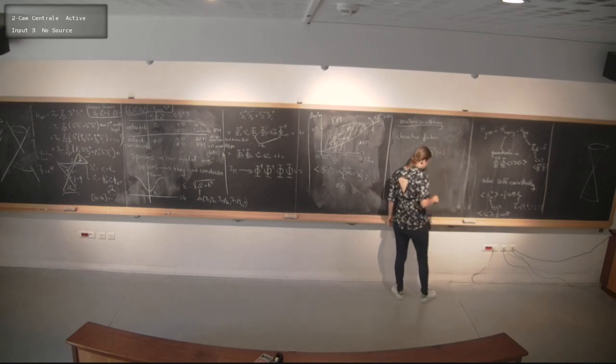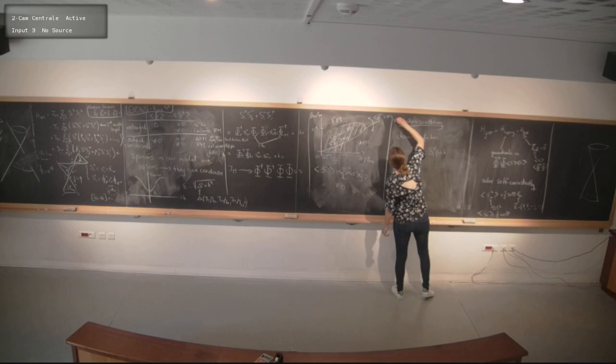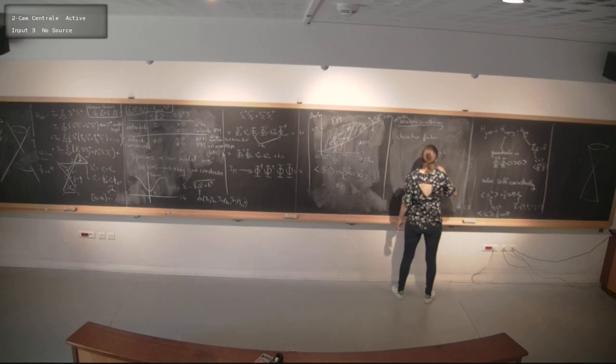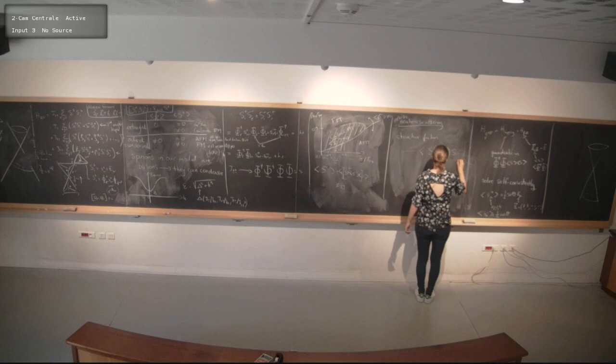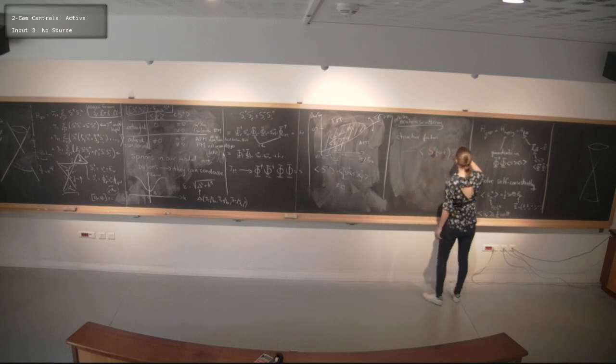So in the frequency and momentum, so inelastic neutron scattering, I guess. I'm still writing too small today, I think. Sorry. No, it's not I anymore because we're in Fourier space.